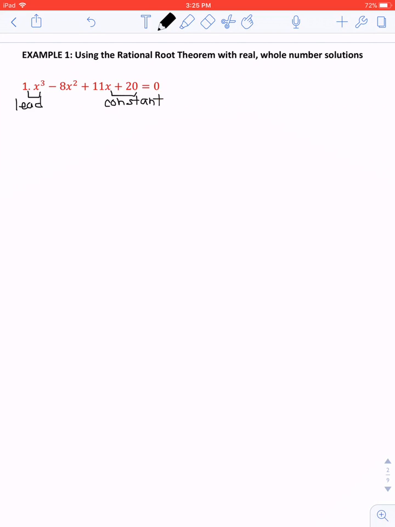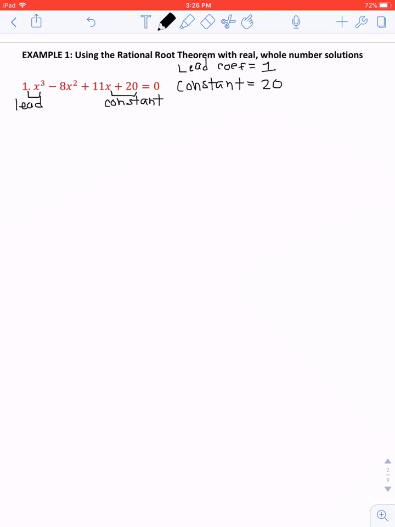All right, so over here on the right, we're going to say leading coefficient. Let's see, on my x cubed, I have a leading coefficient of 1. That says lead. All right, then our constant is the next thing that we need to know. And in this case, our constant is 20.